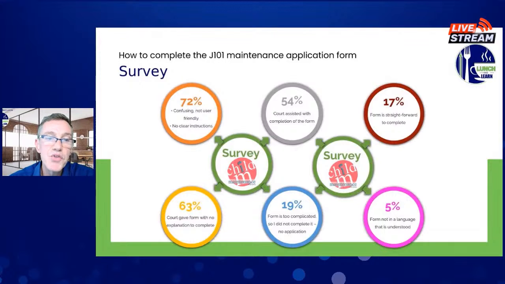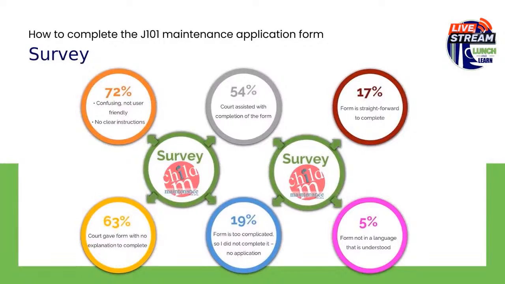I have done a survey on my Facebook group called Child Maintenance in South Africa, and it was specifically pertaining to how people perceive, how people react when they are confronted with a J101 form. Now, the J101 form is a prescribed form by the Department of Justice, and that is the first line, like I said.